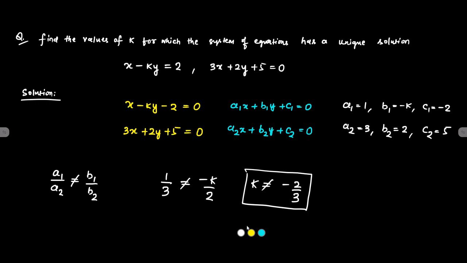So for all real values other than k equals to minus 2 by 3, the above system will have a unique solution.